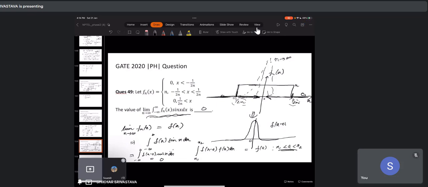Yes, since f is even and sine is odd, the integral as a whole is odd. So when integrating from minus infinity to infinity, it will become 0. Yes, that's another approach. Correct.